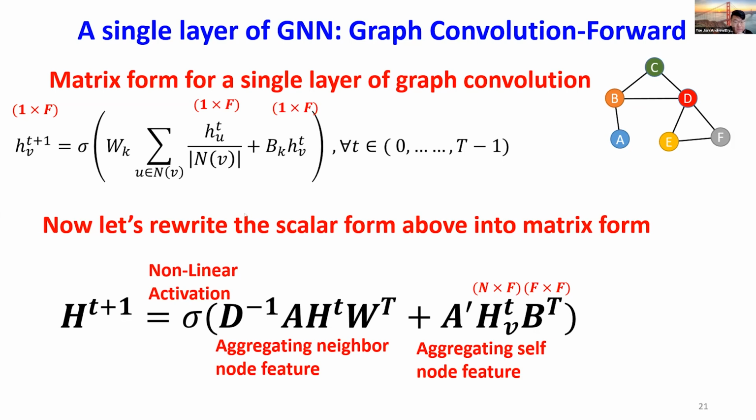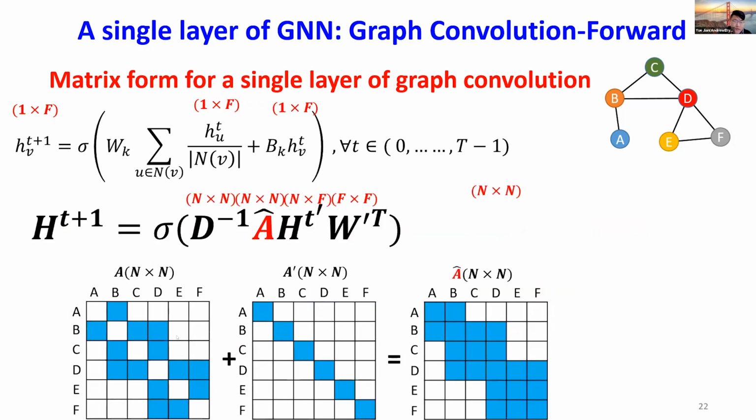Now that we have written down these terms, we can take one step further to combine these two terms. Recall that, for both the node feature aggregation and the self loops, we multiply the node feature matrix with an adjacency matrix.